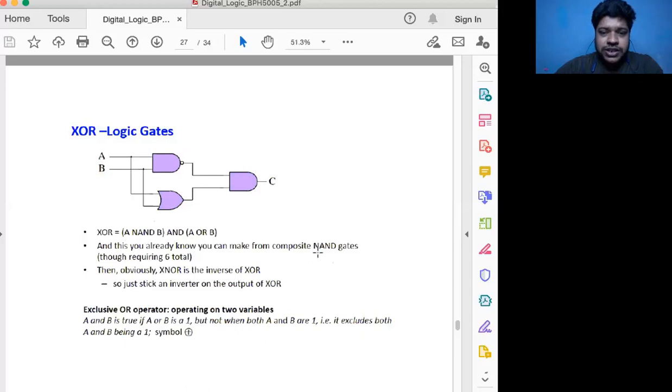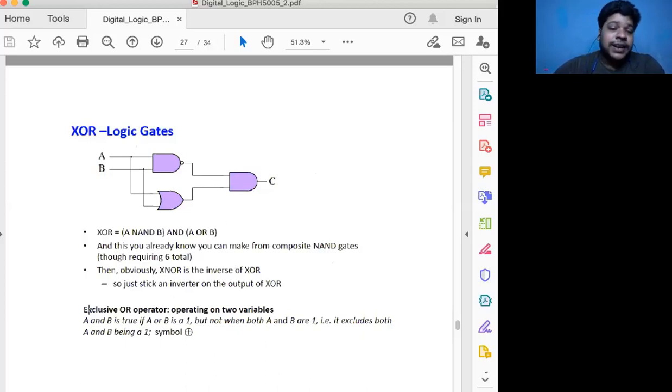So you need 6 NAND gates. If you have 6 NAND gates, you can make an XOR gate. That is why NAND gates are universal gates. Then it says that XNOR is the inverse of XOR. You just put a NOT gate here, and it becomes XNOR.